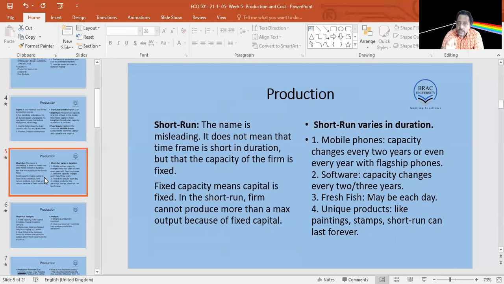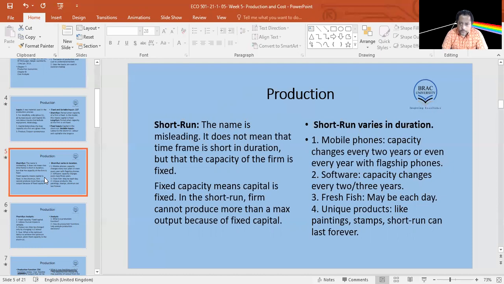This means that the short run varies in duration depending on the particular nature of the firm or particular industry that we are observing. For example, mobile phones, not the flagship brands, the other brands, tend to change every 2 years. And each time a new mobile phone is launched, the capacity of the phone is increased.